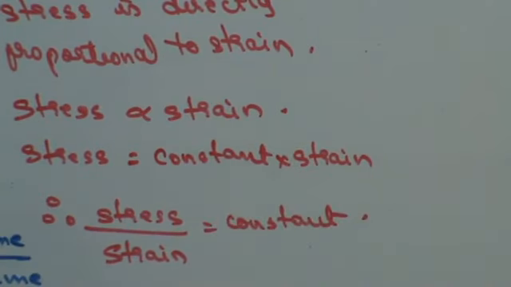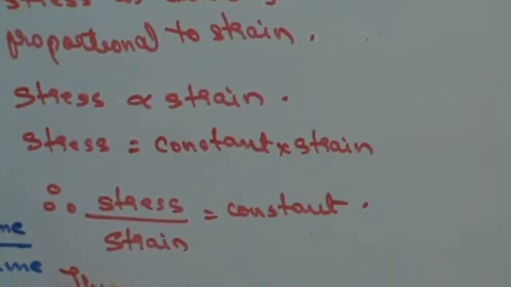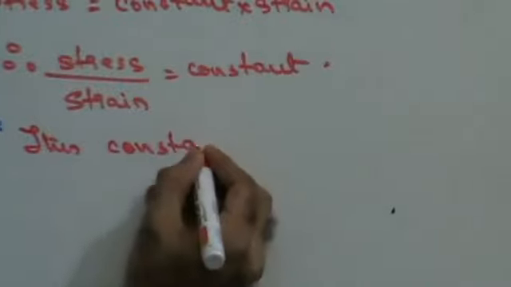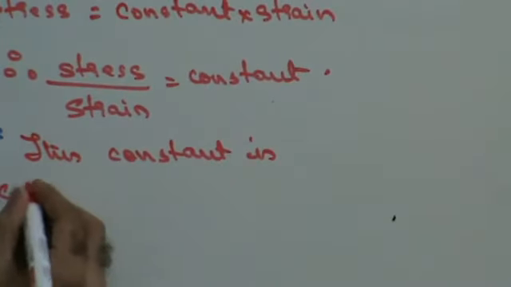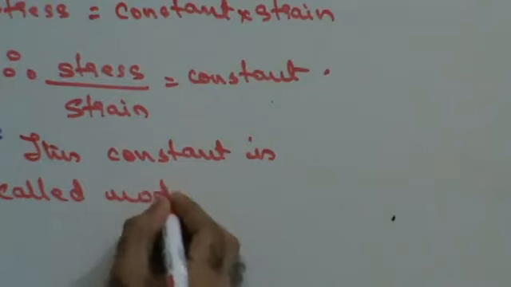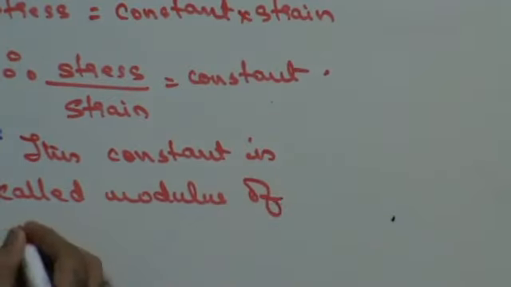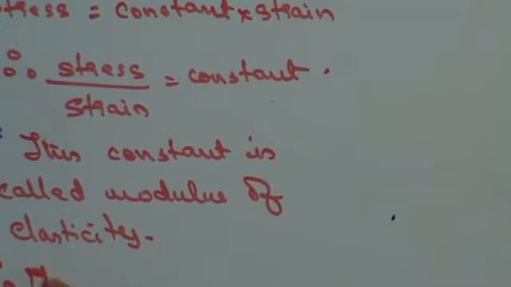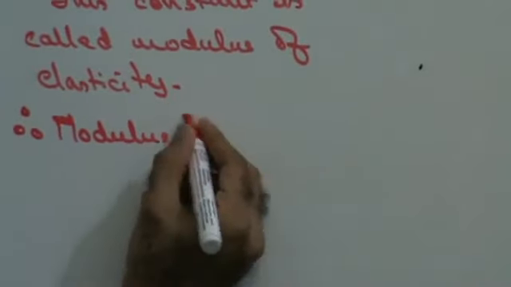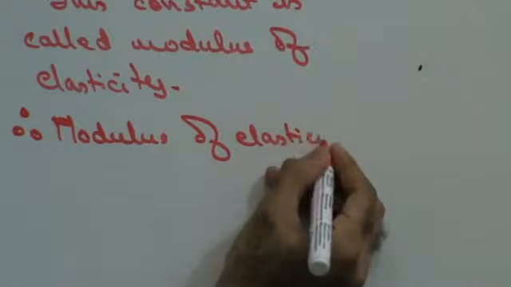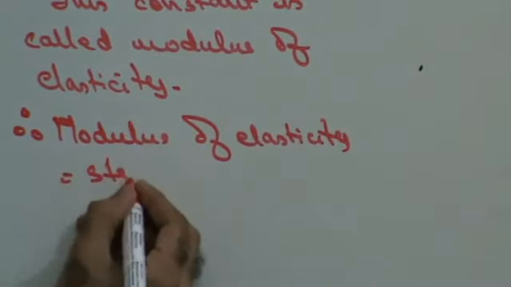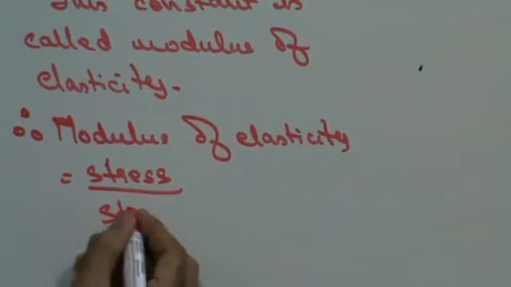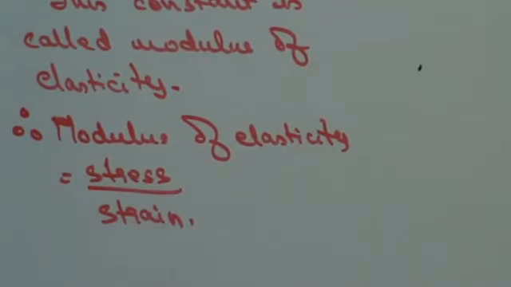This particular constant is called as modulus of elasticity, right? So thus I could say that modulus of elasticity is the ratio of stress upon strain. Fine, do we get this idea?